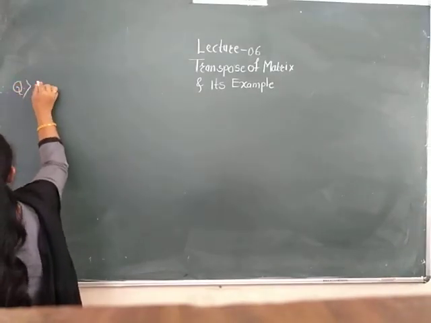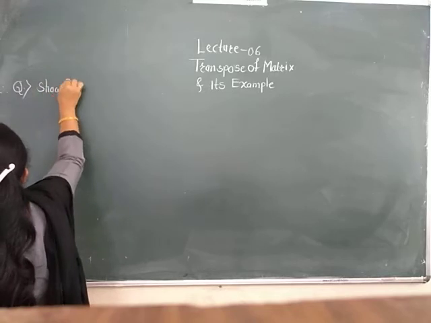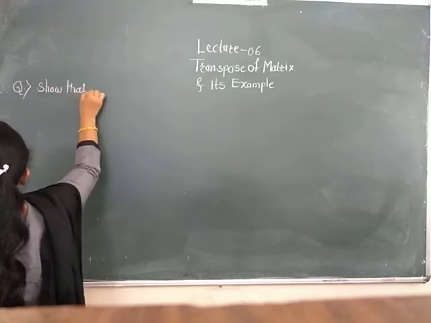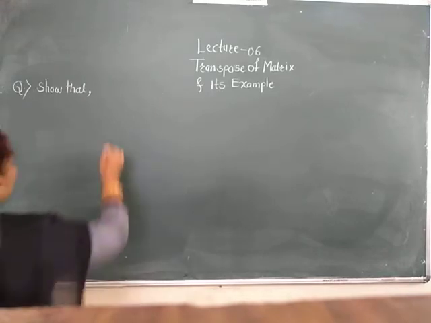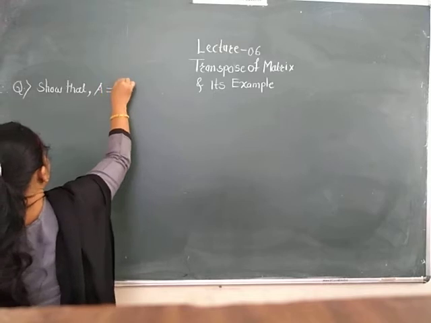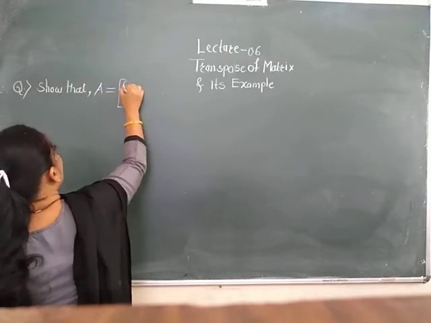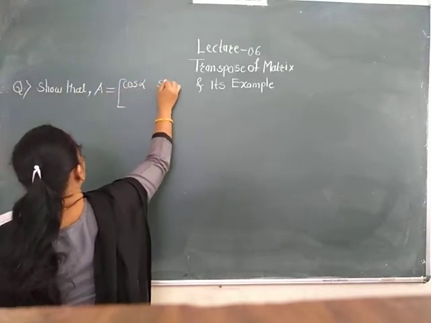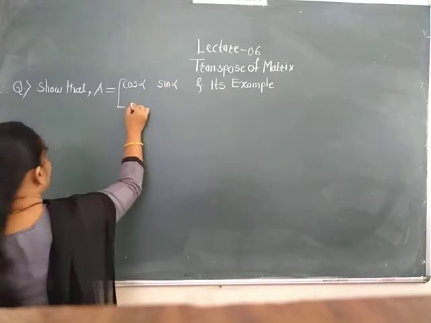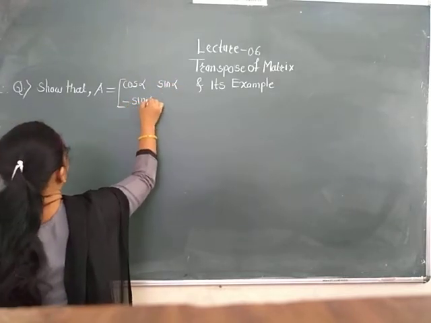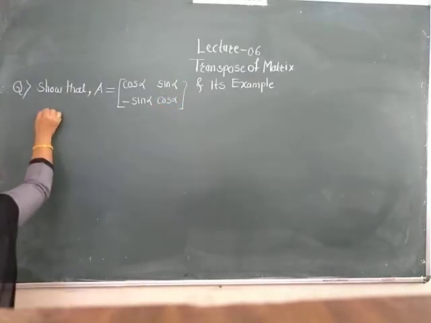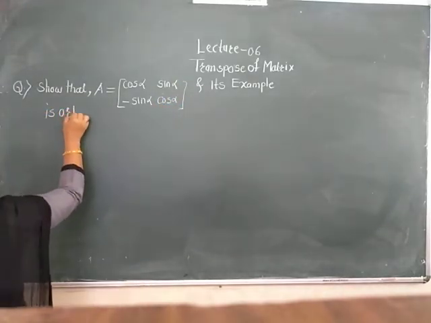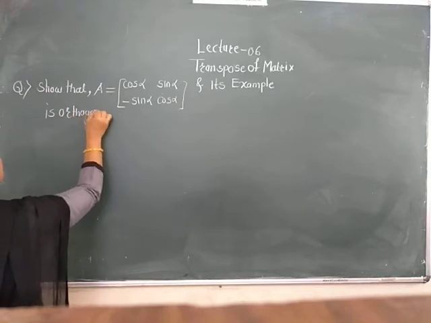Show that A is equal to cos alpha, sin alpha, minus sin alpha, cos alpha is an orthogonal matrix.